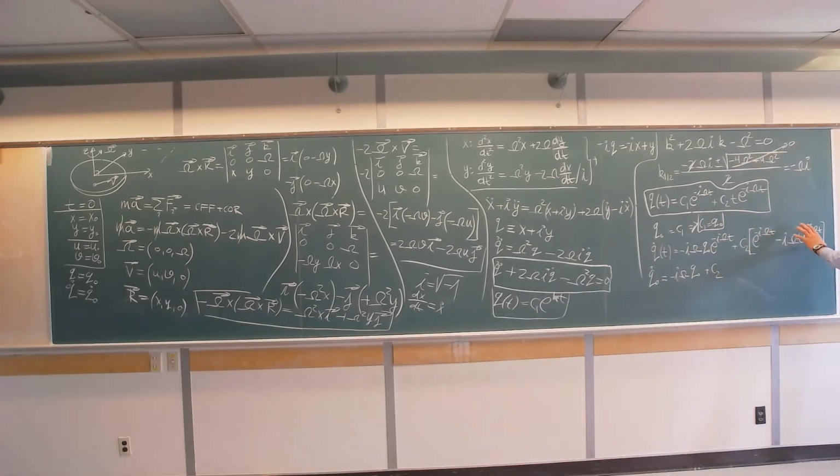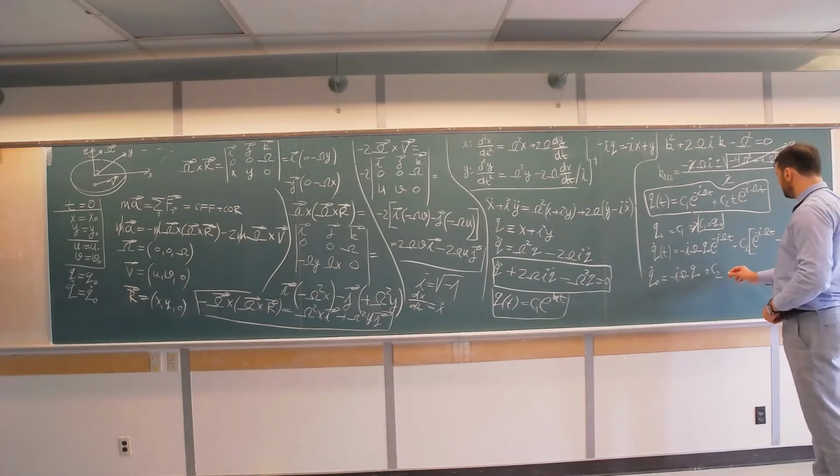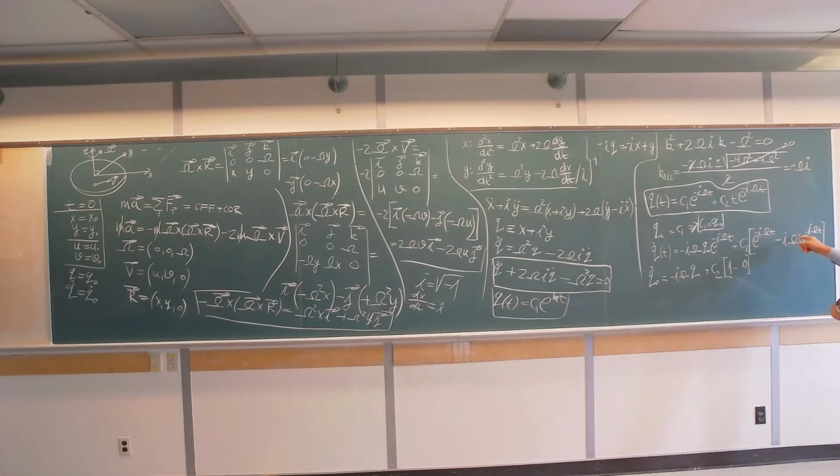When t is equal to 0, this term will disappear and only this one will survive, but this one will be 1. So, just so you're not confused, this is 1 minus 0. This one is 1, this one is 0 at t equals 0.